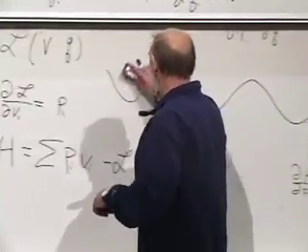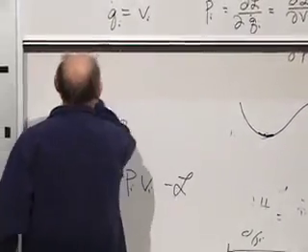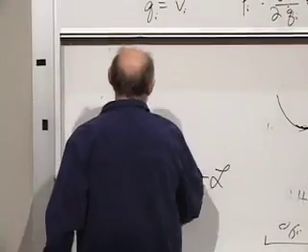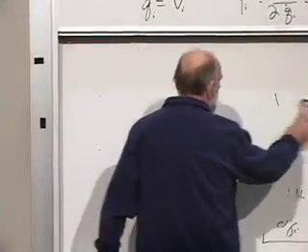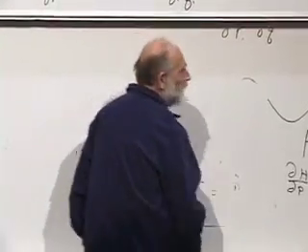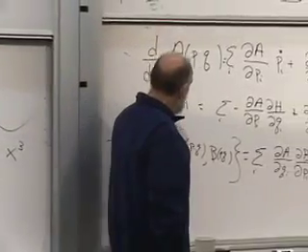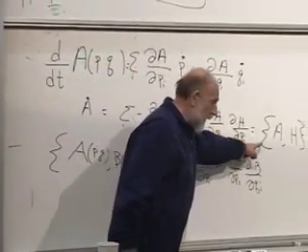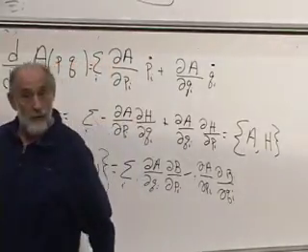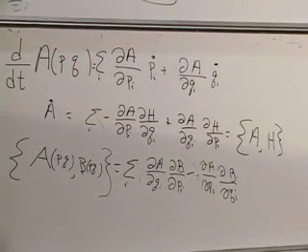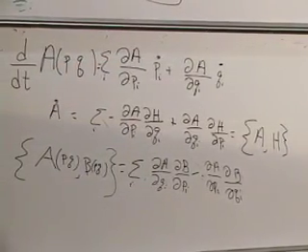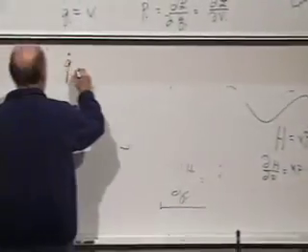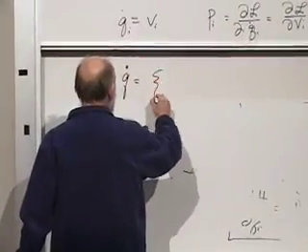Let's just check it. Let's do one or two examples. If you like, this is a generalization of Hamilton's equations. It includes Hamilton's equations. For example, let's check Q dot.